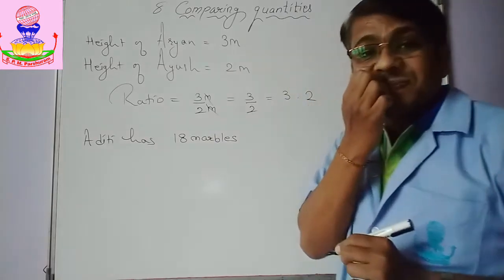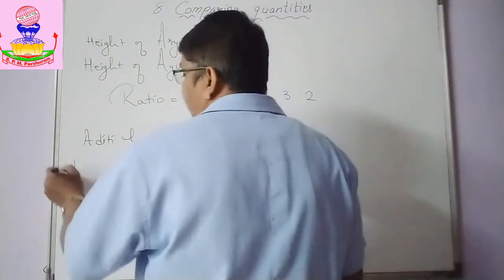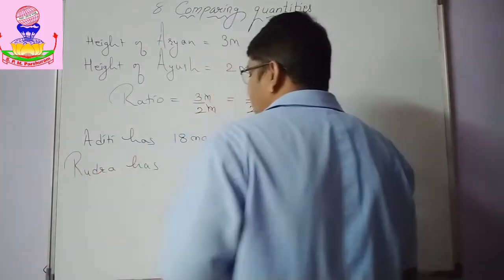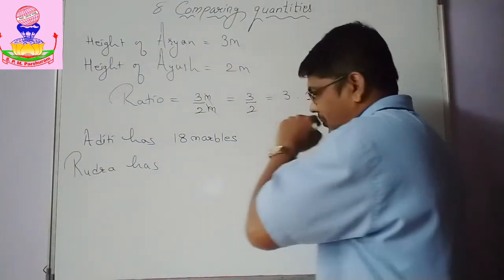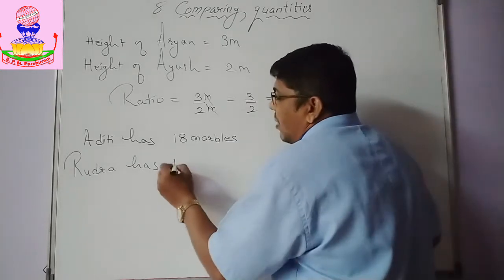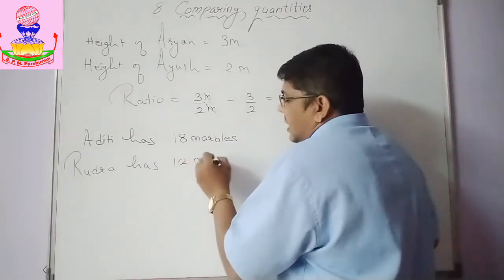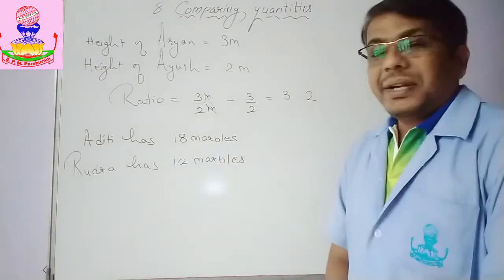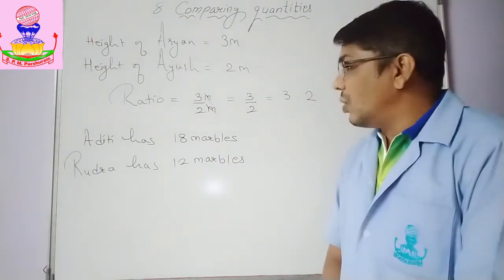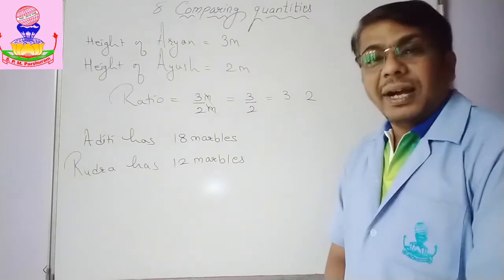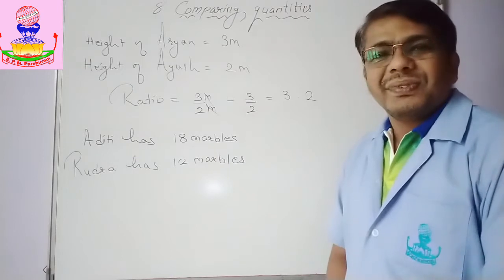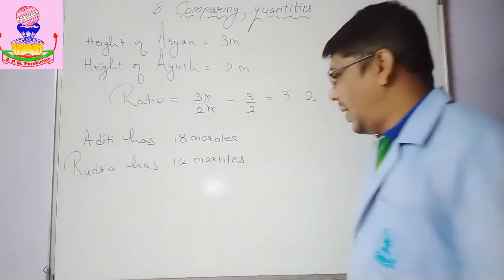Okay? While Rudra has 12 marbles. How many? 12. Now, let us find out the ratio of marbles with Aditi to the marbles with Rudra.